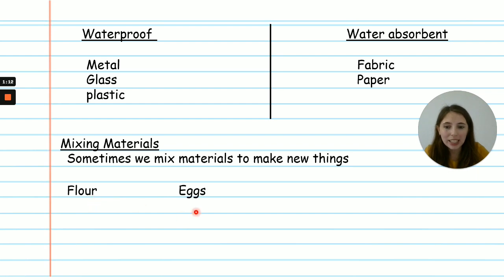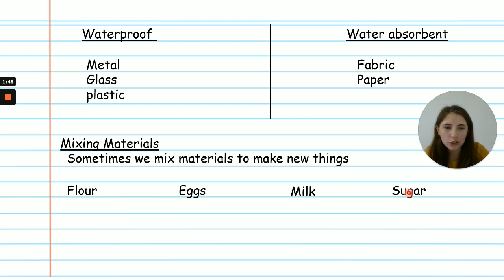Then number 2, we have eggs. Number 3, milk. And number 4, sugar. So these are the 4 materials that we need to make pancakes.